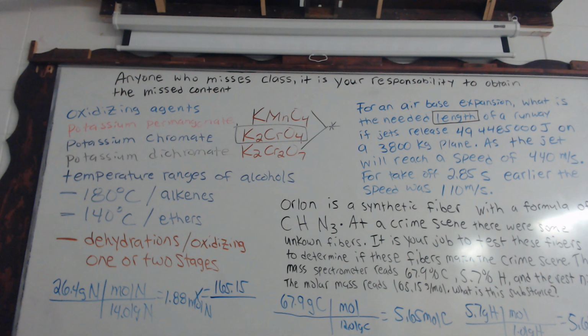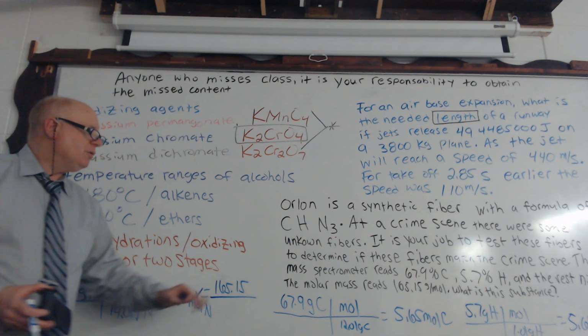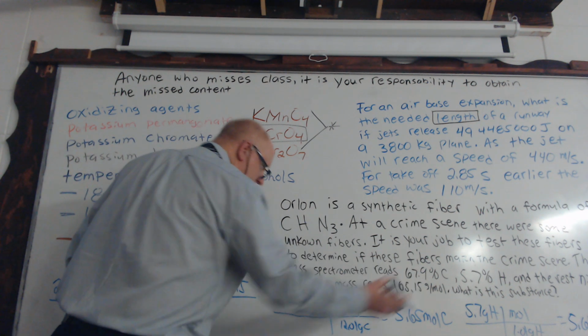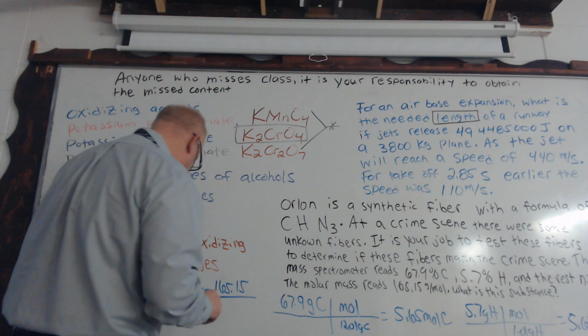So the carbon and hydrogen are pretty close to one to one. Then we want to divide by our smallest one, and we don't have to do both of those because they're pretty close. So 5.65 divided by 1.88 comes out to be pretty close to 3.